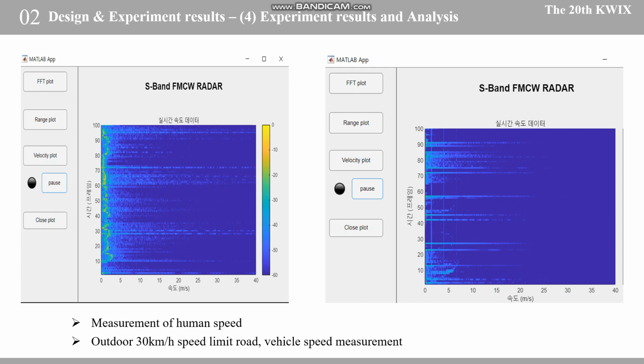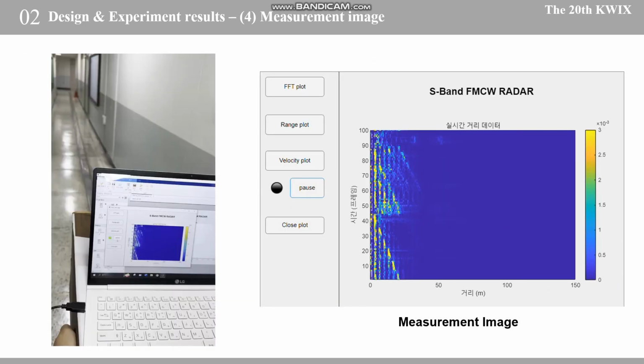On the right is a measurement of vehicle speed outdoors on a 30 km/h speed limit road. The spectrum was measured by a person moving back and forth in front of the radar. The initial speed was fast, then the speed was reduced, and the speed was fast again.